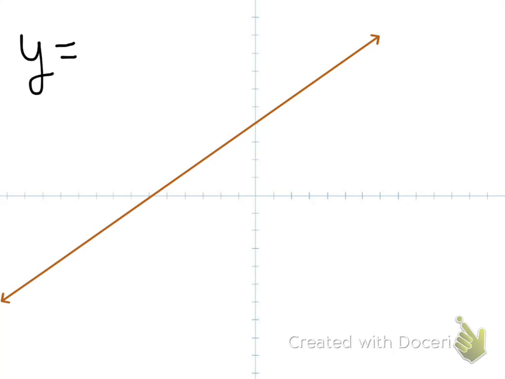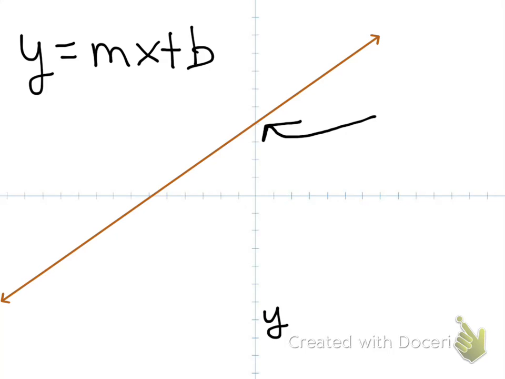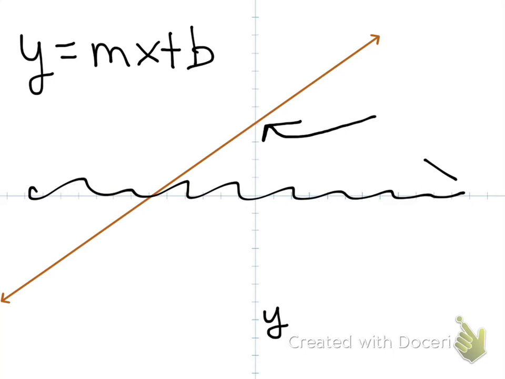slope-intercept form is y equals mx plus b, and where the line intersects the y-axis, and this is the y-axis. It's the vertical axis. It's this one right here. That's the y-axis, okay? This one, that is the x-axis.